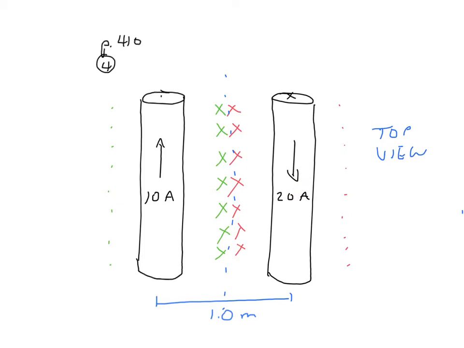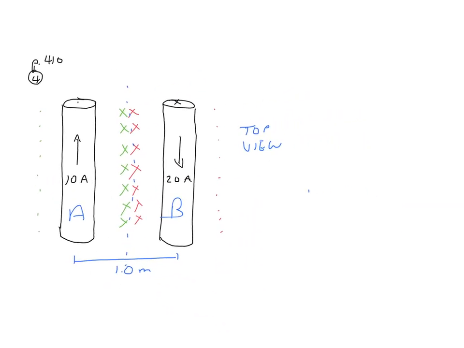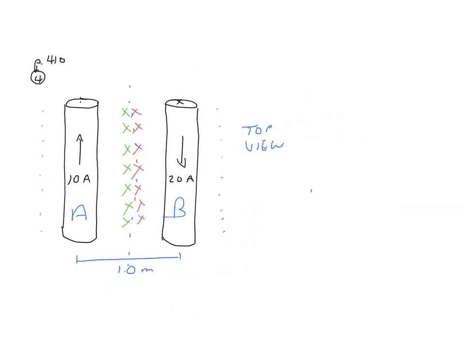Well, just for simplicity, let me call this wire on the left A, and I'll call this wire over here B. Let's look over here on the right hand side. The first thing I want to do is figure out what the magnetic field at that midpoint is as a result of wire A. This is going to be equal to the permeability of free space times the current in wire A, all of this divided by 2 pi r.